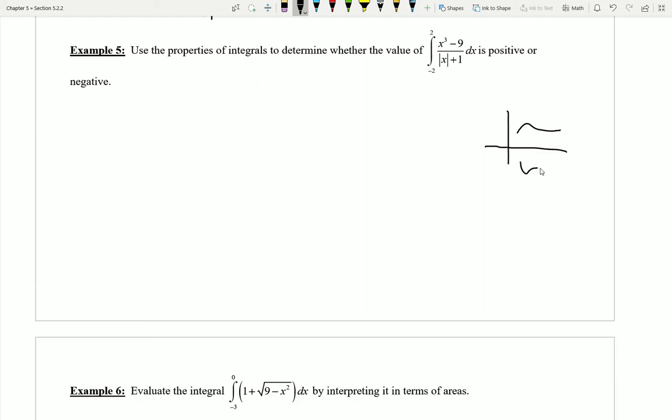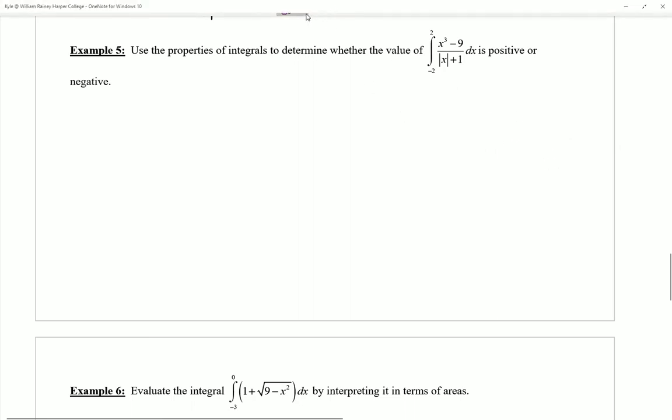However, if it spits out only negative y values, then the area would be negative. If it spits out values that are negative and positive, then that's going to be a little bit more complicated to work with because I'd have to determine whether the positive portion is bigger or the negative portion is bigger. So let's hope for one of the first two cases and see what we have.